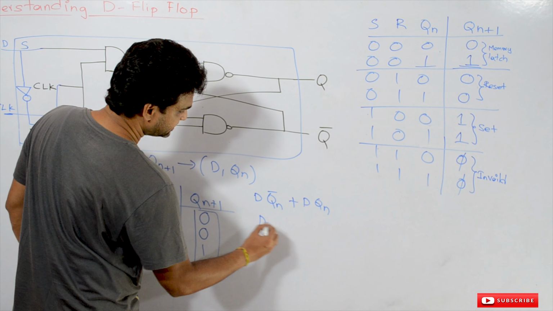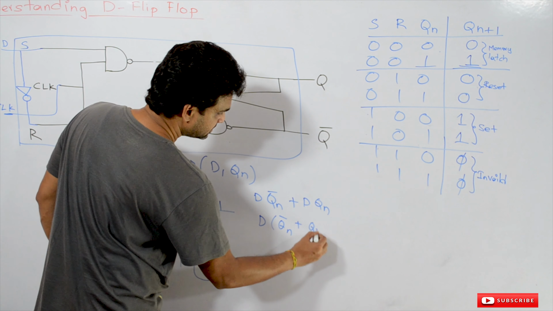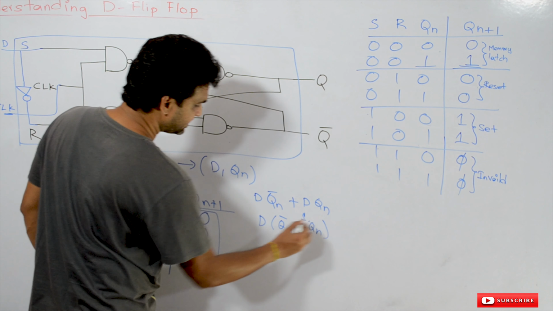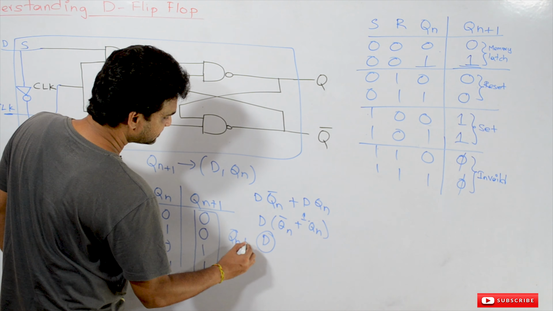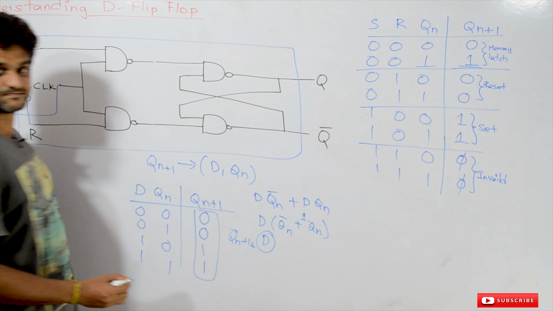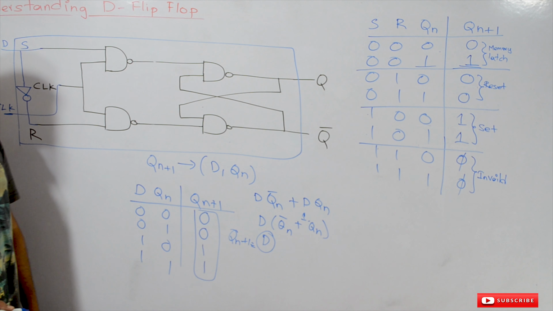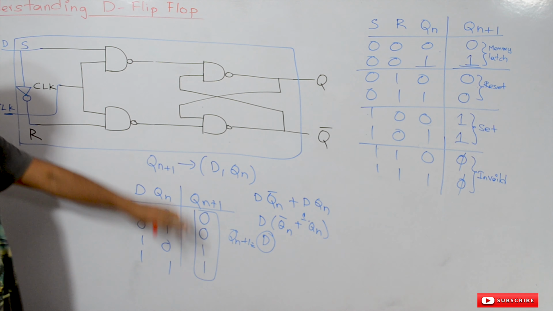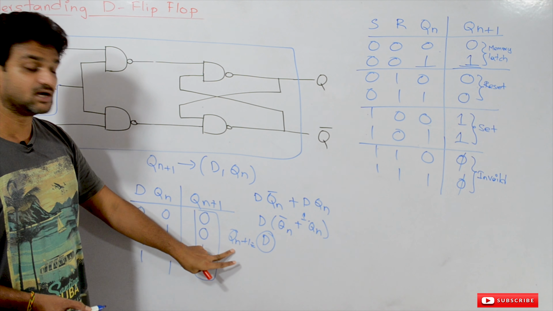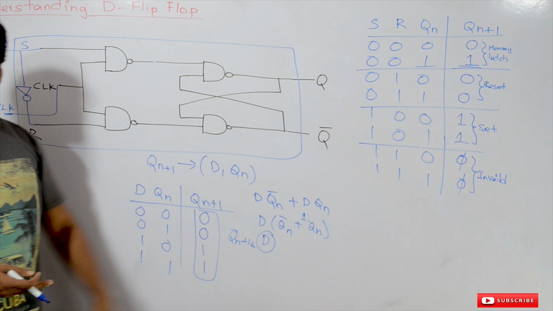So if you bring the D common, it is going to be Qn bar plus Qn, which is equal to 1, so the result is D. So Qn plus 1 is equal to D. So whatever you give at D is going to get stored in this circuit. Okay, so the output that we are going to produce at Q is going to be D.